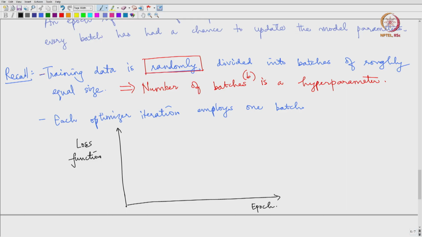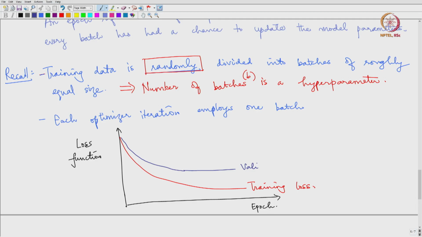Okay. What you will see is typically your training loss of course will keep on falling. So, this is the training loss, but if you look at the validation loss, the validation loss will also keep on reducing, but it may not reduce as much as the training loss.